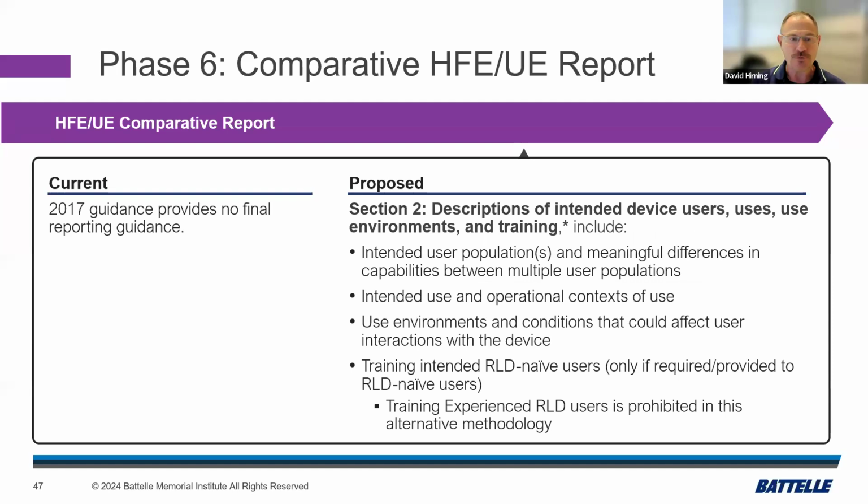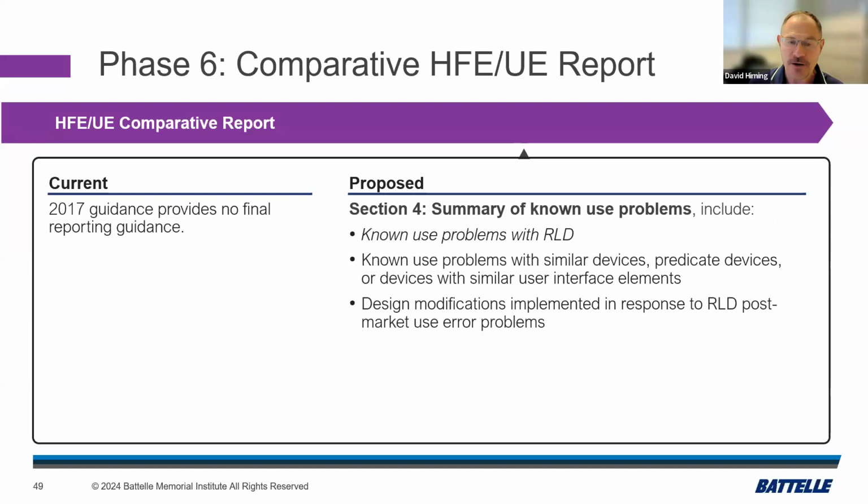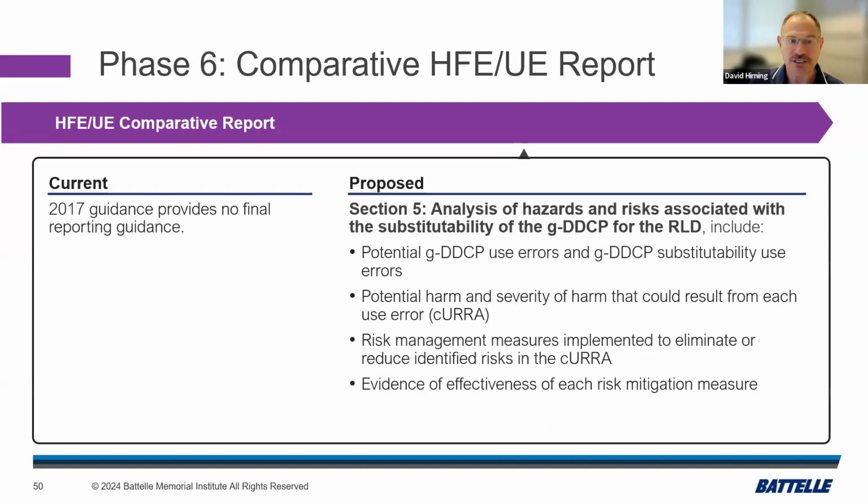Like I said, I'll go through these very, very quickly so we can get to the question and answer part. But the information is all pretty straightforward. It's pulling information from your comparative assessments that we've completed, the comparative risk assessment, and your validation data.